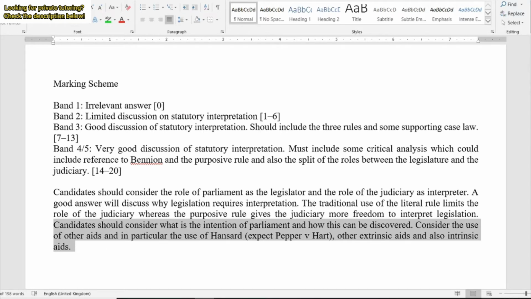The more important part is here, although the connection part is here, where it is asking you to talk about the use of the purposive approach, and also how it can be used to find the intention of Parliament. So I hope that you're okay with this, understand this thing. Actually, when I look at your paper, I still give you marks. It's still fine.